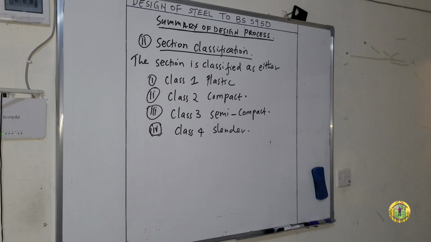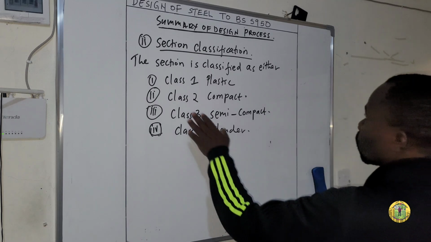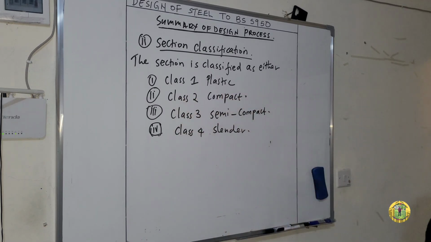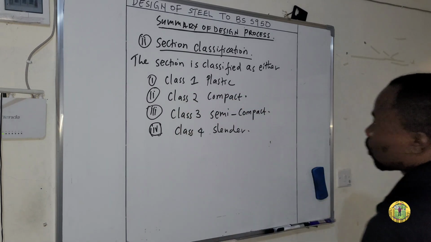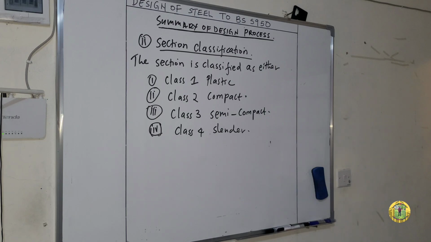Number 2, we have section classification. The section is classified as either class 1, which is plastic, class 2, which is compact, class 3, semi-compact, and class 4, slender.